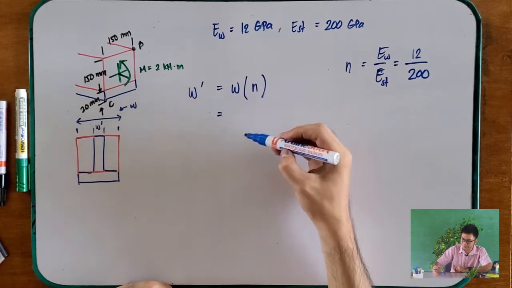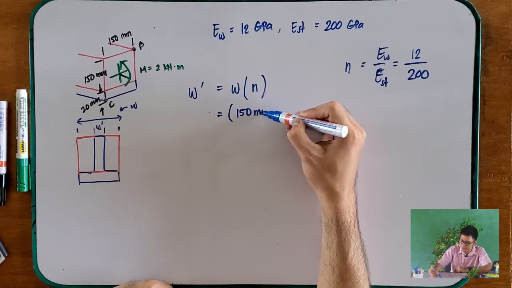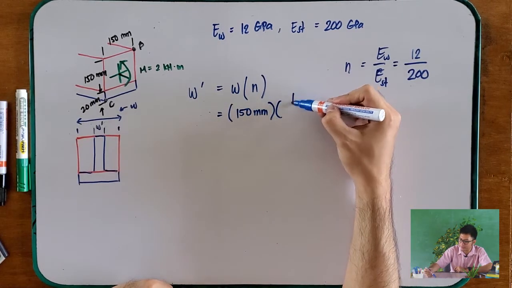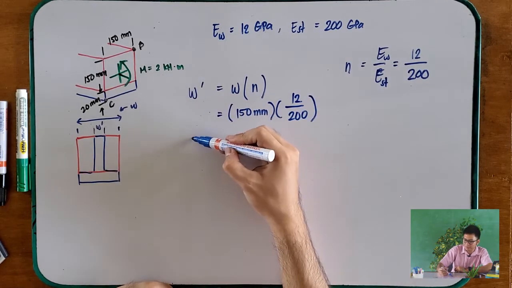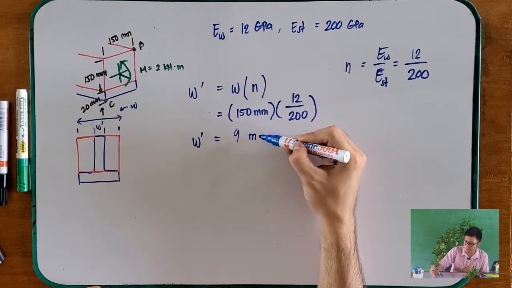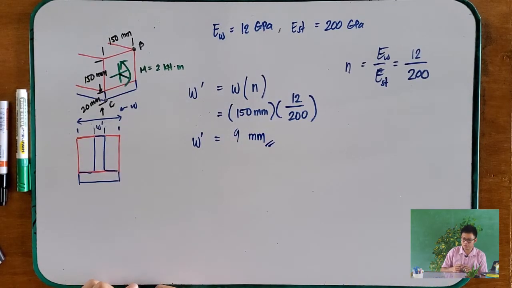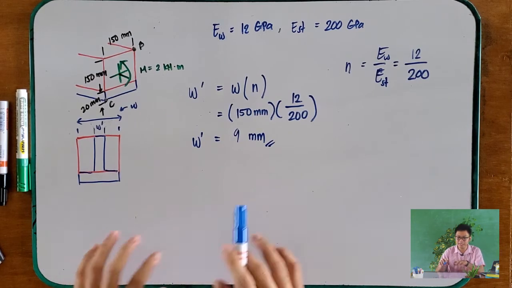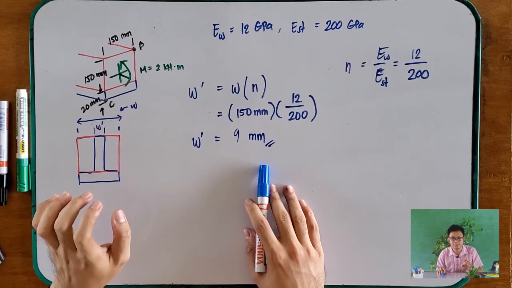So, therefore, initial width niya is 150 millimeters multiplied by 12 over 200, and your new width na is 9 millimeters. Okay? So, na-transform na nato ang wood into metal.